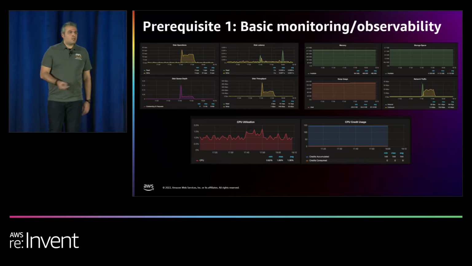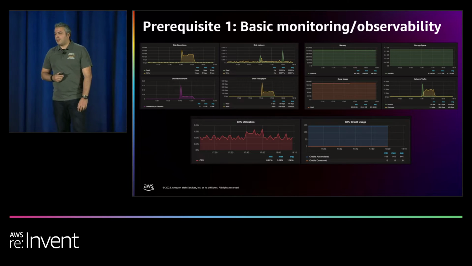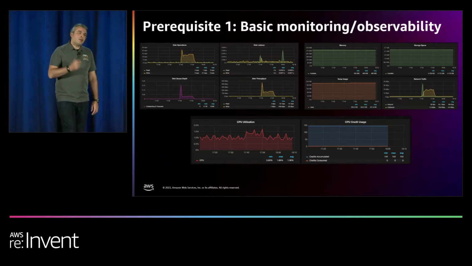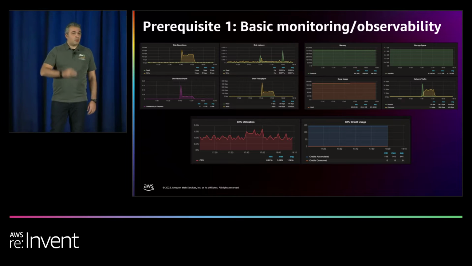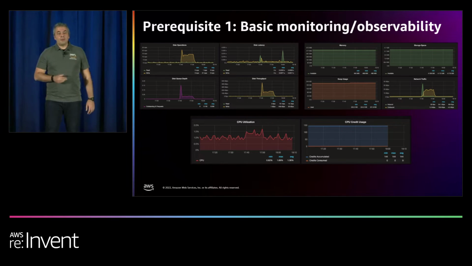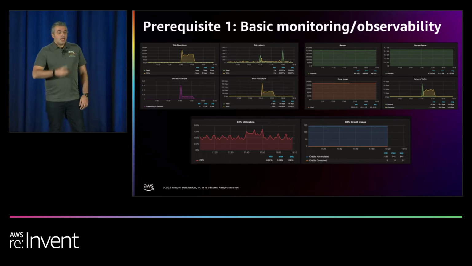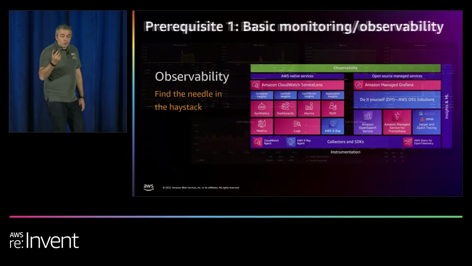But in a distributed system, you're going to look at many, many different dashboards and metrics to figure out what's going on within your environment. And so when we're starting with chaos engineering, many times when we're running the first experiment, even if we're trying to make sure that we're seeing everything, we realize we can't see it. And this is what leads us to observability.